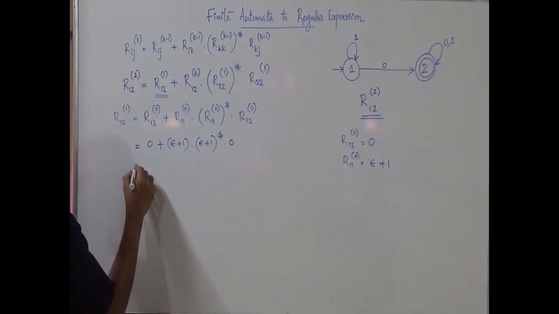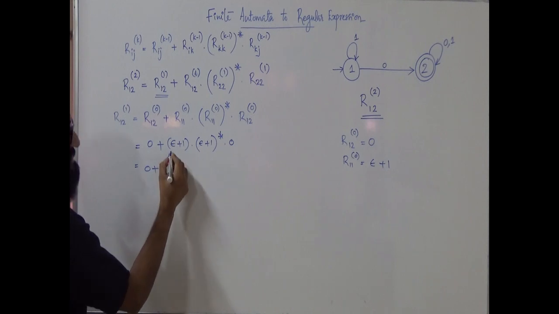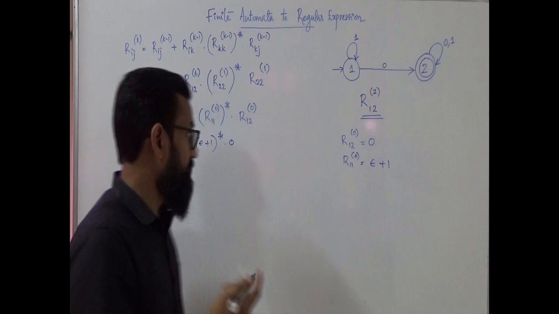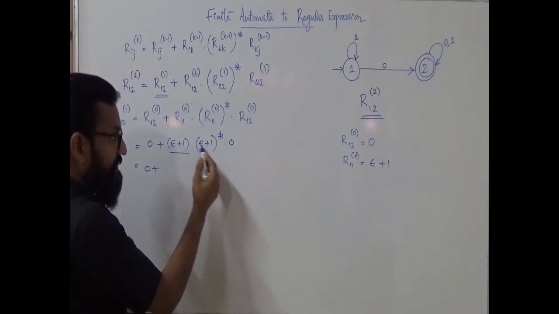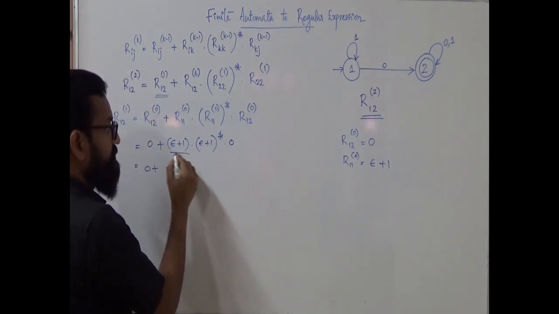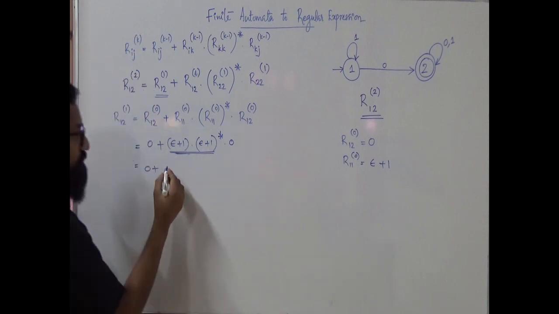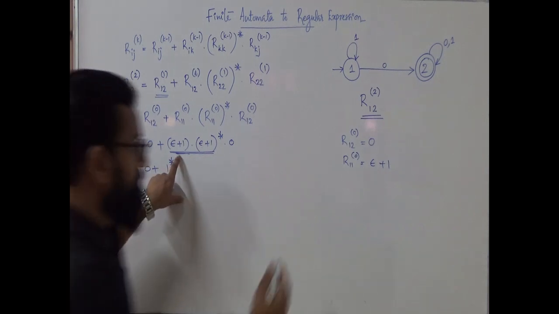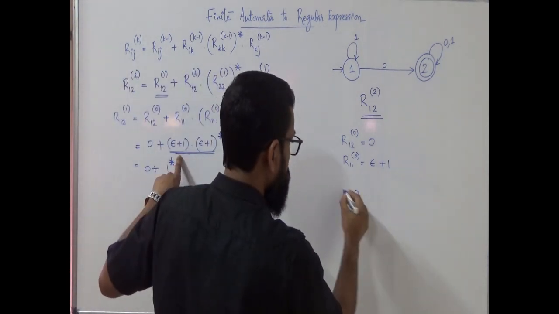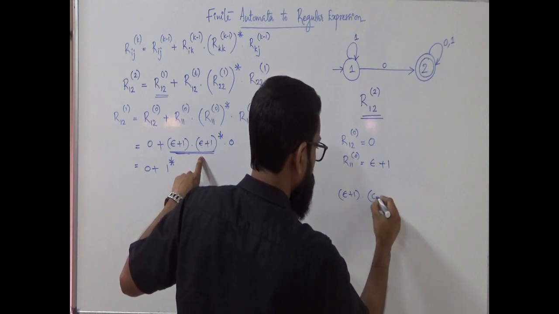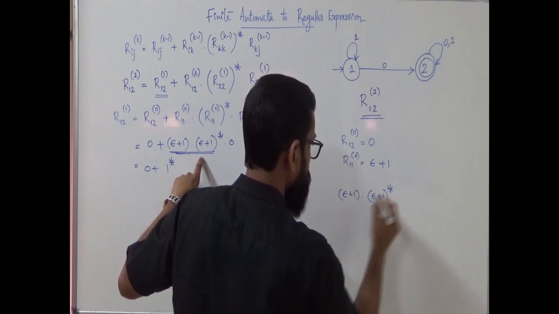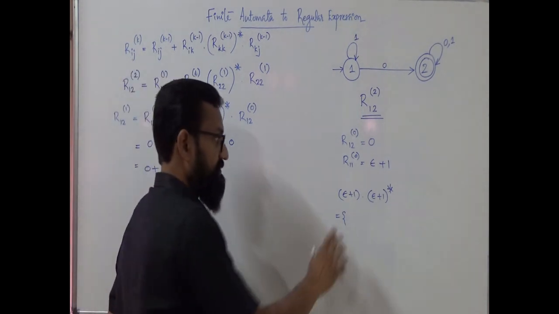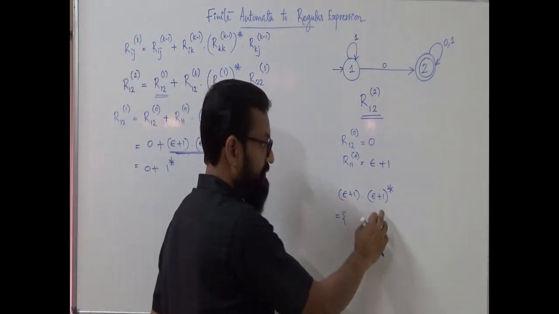So this will be equal to 0 or epsilon or 1 concatenated with epsilon or 1 Kleene closure. You can combine these two to form one Kleene closure. The set of strings that can be generated using this regular expression: from here you can take epsilon, here you can take epsilon.